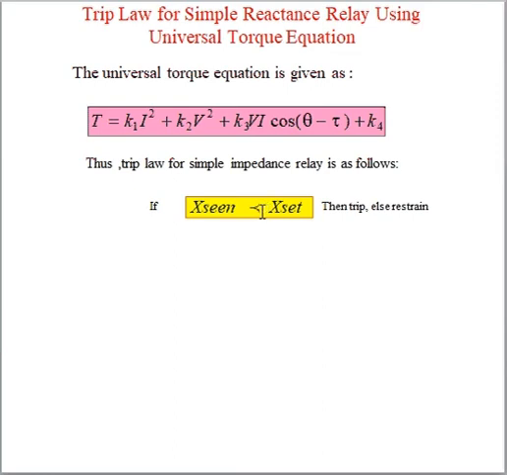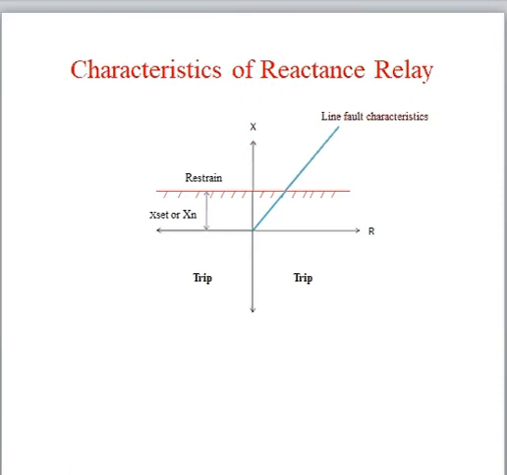Now you can tell me, what is the characteristic of this reactance relay? It's a straight line parallel to the X-axis, that is, X is constant, some set value.